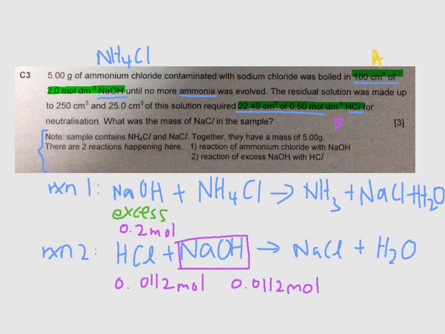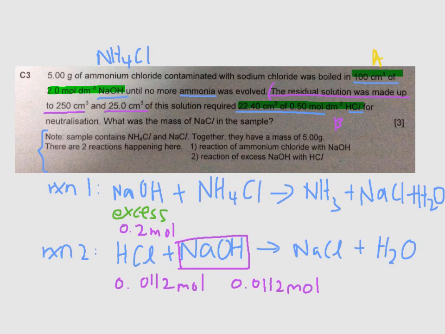And here is the catch in the question, which I'm sure most of you made this mistake. The question says that the residual solution was made up to 250 cm3, and 25 cm3 of this solution required this amount of HCl, which means that this 0.0112 mole that you use in your titration is only the amount in your 25 cm3.